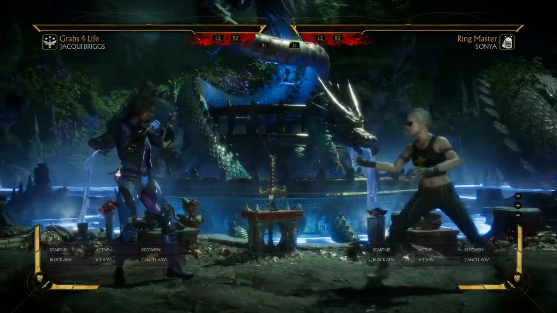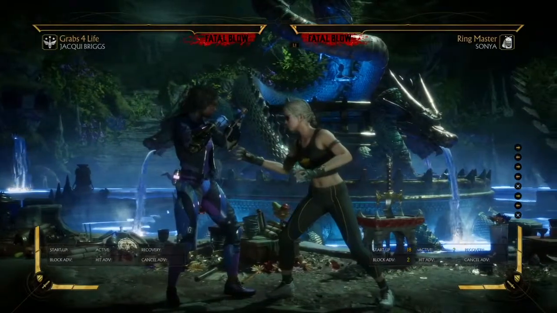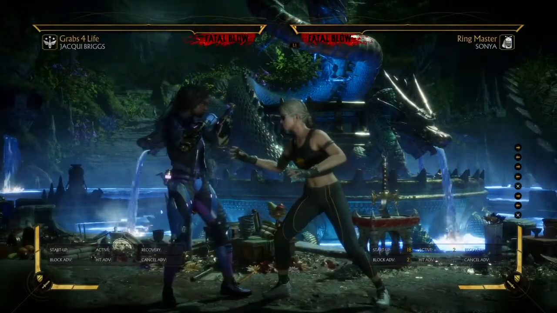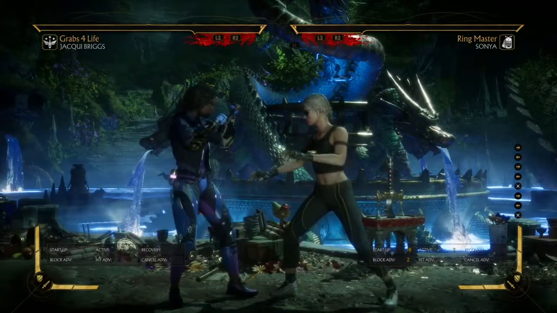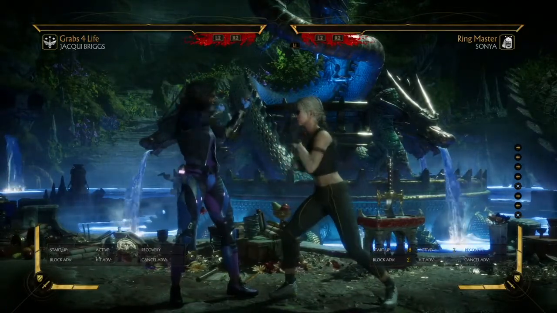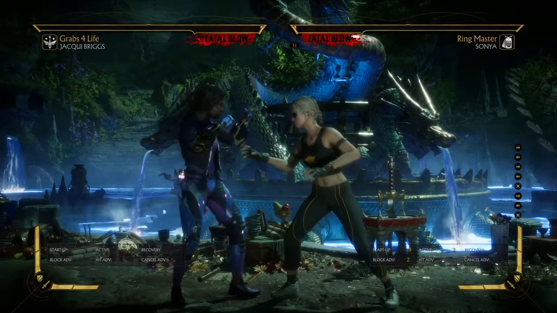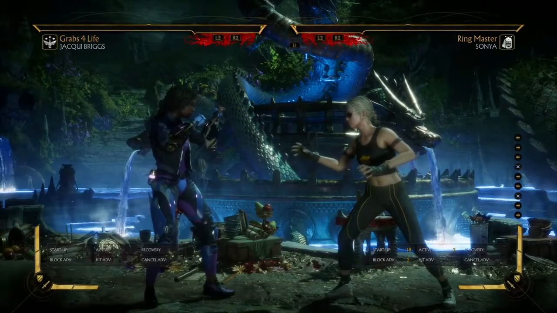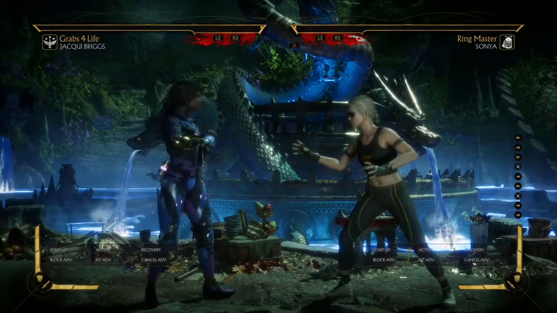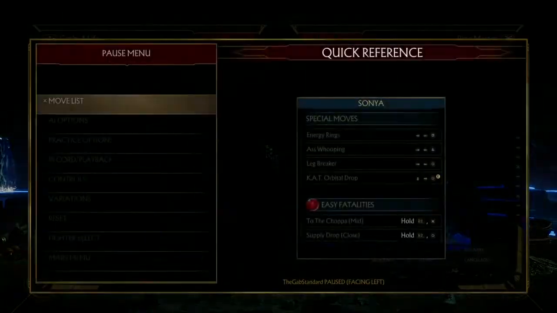So if I take Sonya's forward 3, you notice block advantage says 2. Because it says 2, that basically means I can move 2 frames before my opponent, and that allows me to have the advantage to do something to hopefully catch my opponent out into hitting a button.